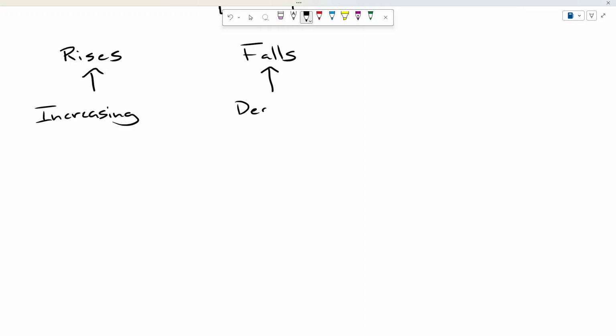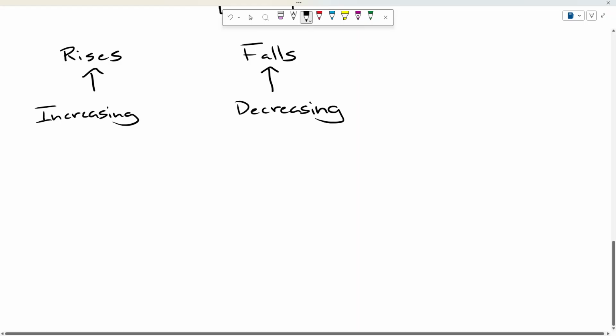So when we say that a function rises, we're simply saying the function is said to be increasing. And where a function falls, it's said to be decreasing. So we'll be using increasing and decreasing from here on. But that's what we're going to look at first here.